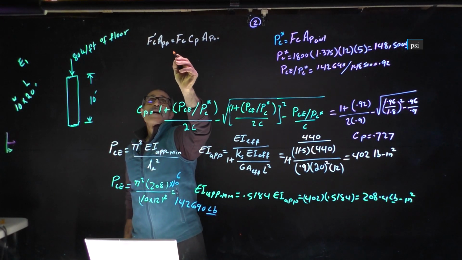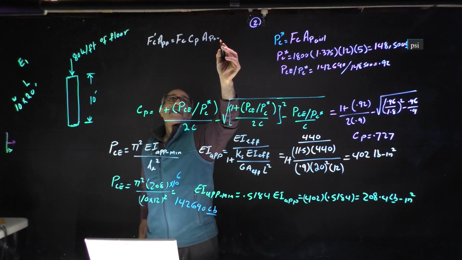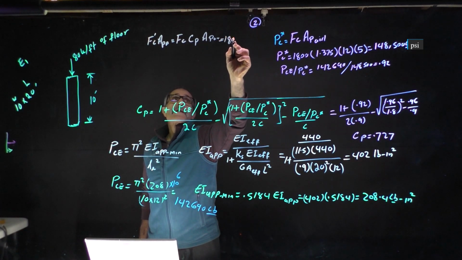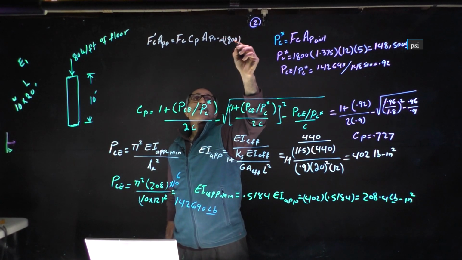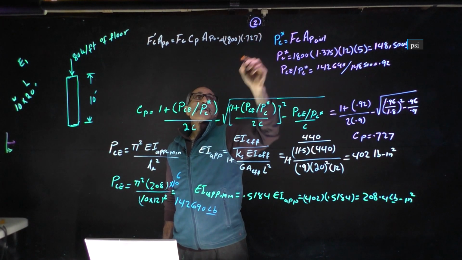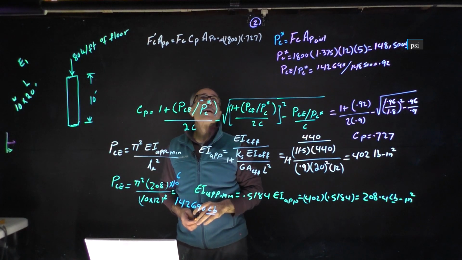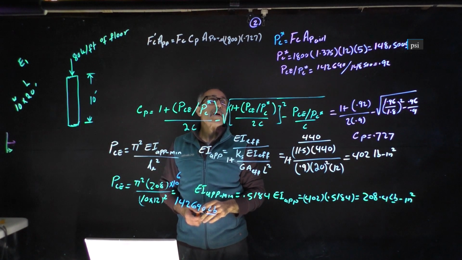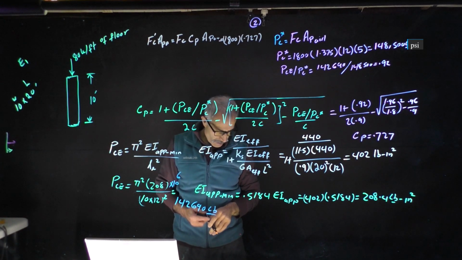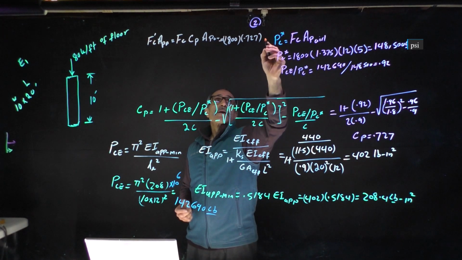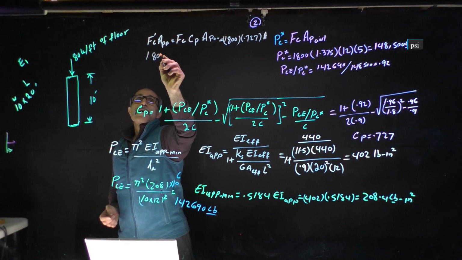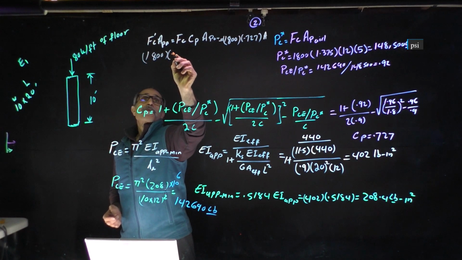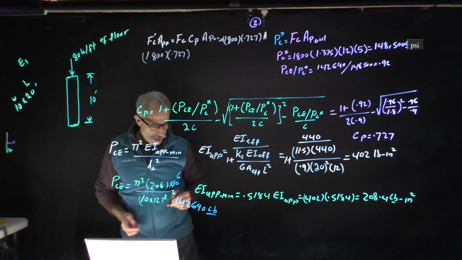Now I have 1800 times CP, which was 0.727, times the area.